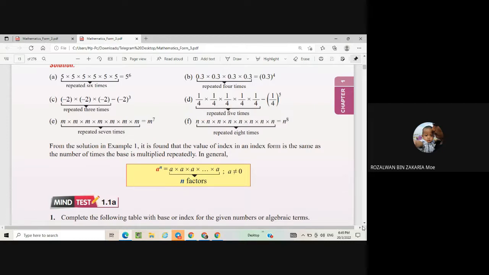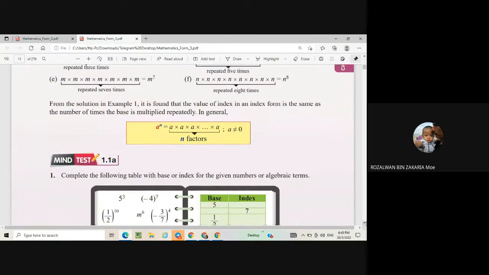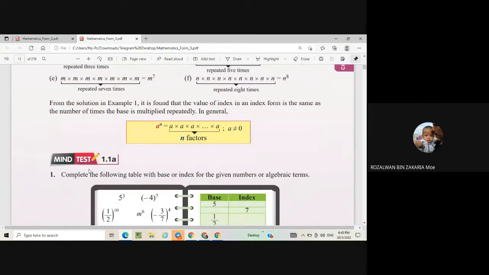Okay, class. If you have any problem with this one, you can ask me directly in the Telegram group, Class 3 Aristotle. I want you to do the exercise Mind Test 1.1a, questions number 1, 2, and 3, in your math exercise 1.